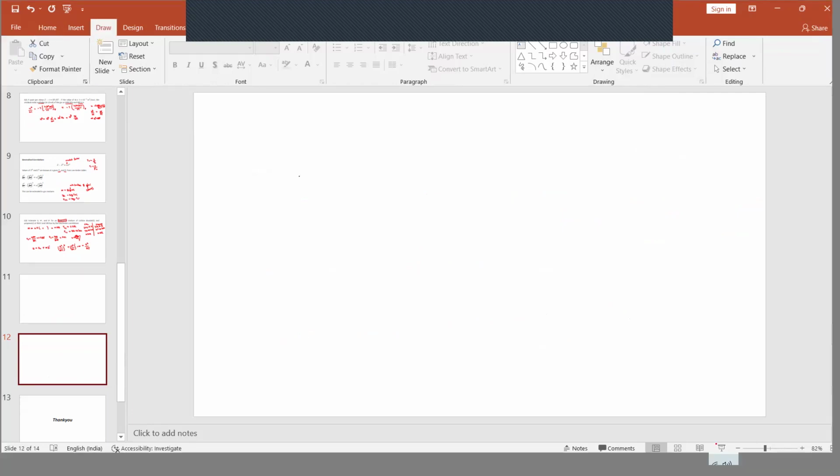So we have at 1.3, I have the value of 0.69. At 1.4, I have the value of 0.77. So my slope is 0.77 minus 0.69 by 1.4 minus 1.3.